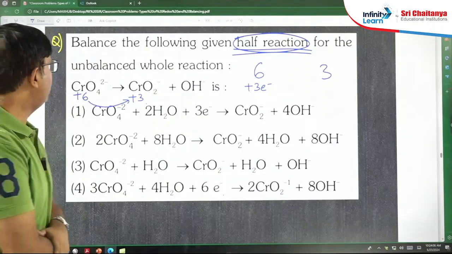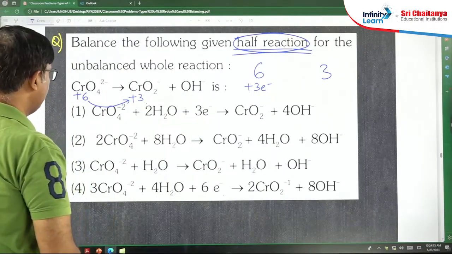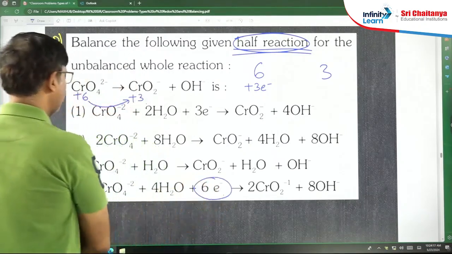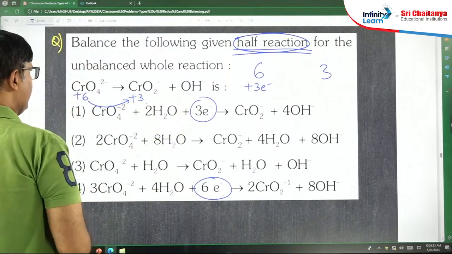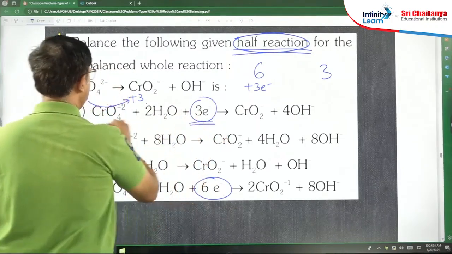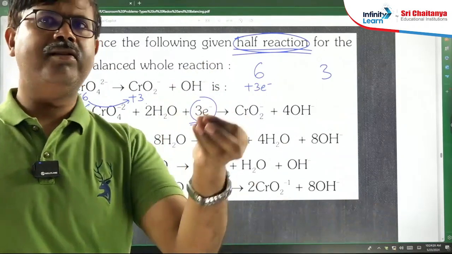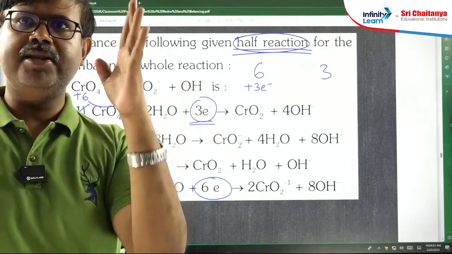See which option has the electrons on the left side. Electrons are present here and here only, and among them, 3 electrons are present on the left side. This is the answer. The other 2 options you need not bother about, because electrons are not there. Half reaction means electrons always have to be there.